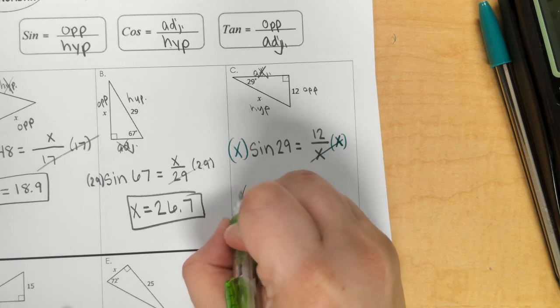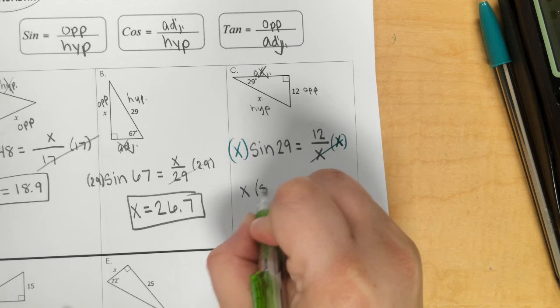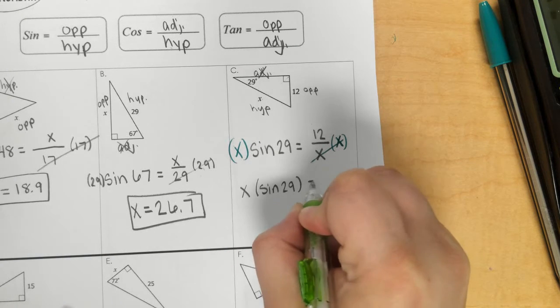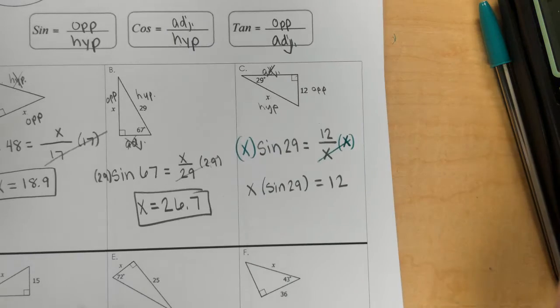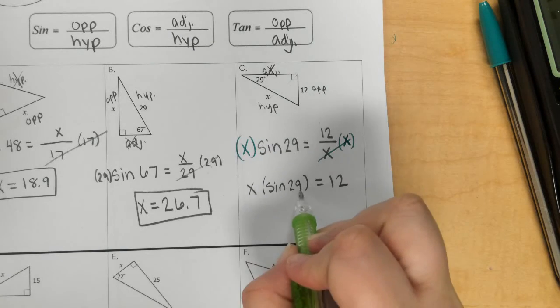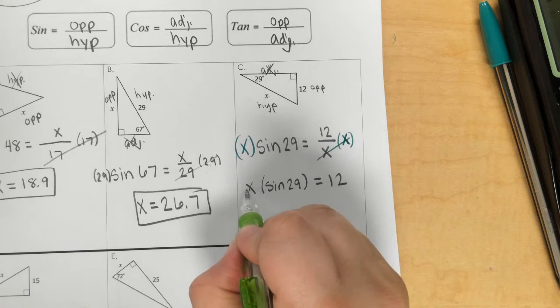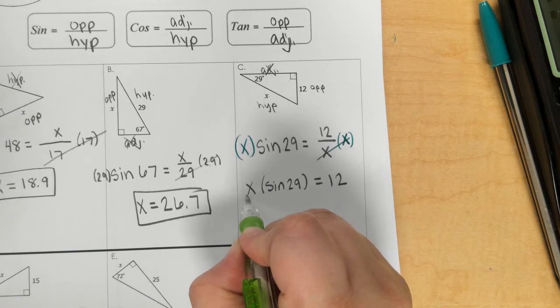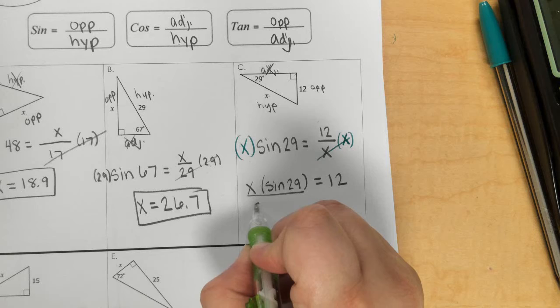Then we're left with x sine 29 equals 12. So to get rid of the sine 29 and get x by itself, this is saying x times this. So the opposite is to divide by sine.